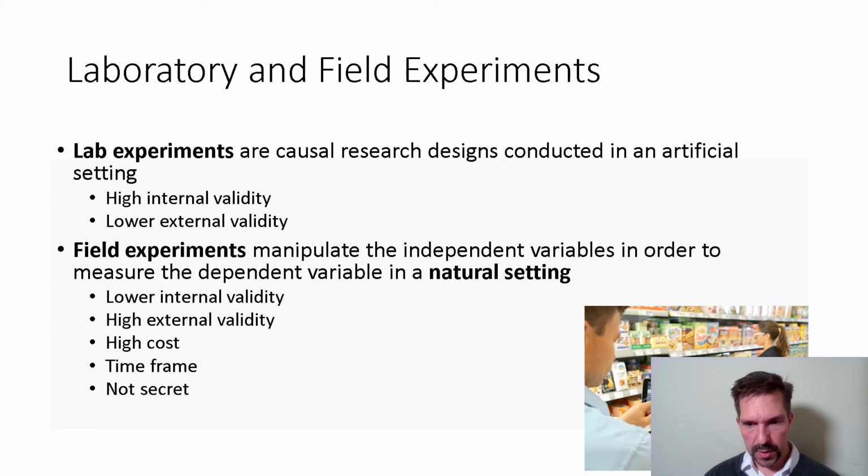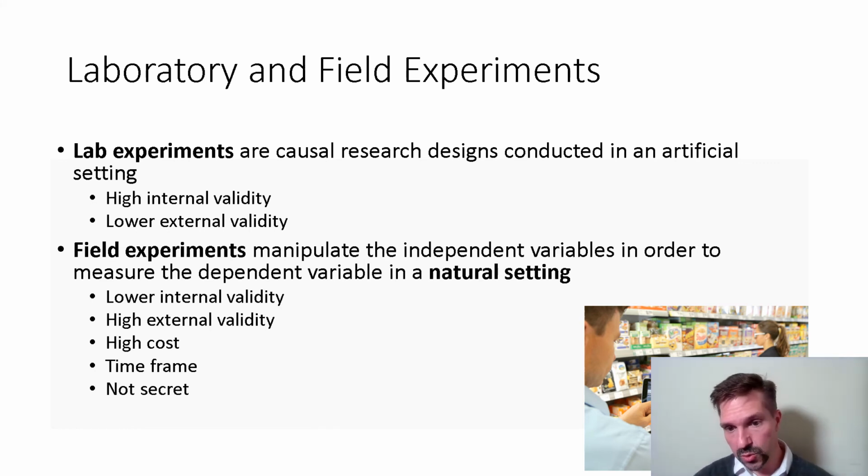So you have lab experiments, which have high internal validity and, let's say, maybe lower external validity, or generalizability. We have also field experiments. Now, what field experiments enable you to do is to conduct an experiment, meaning manipulating some variables, in the wild, in a natural setting. Okay.